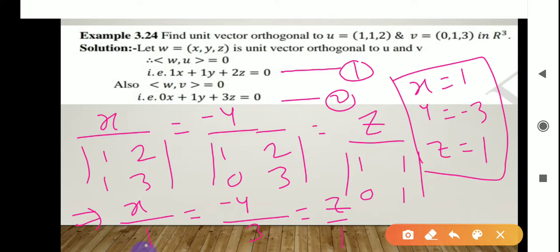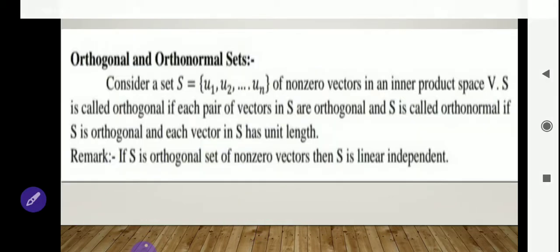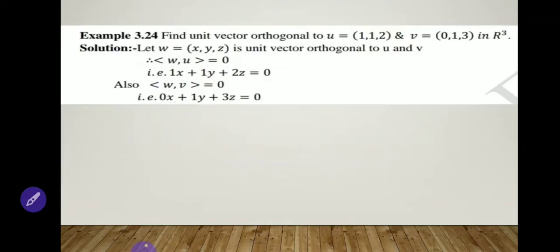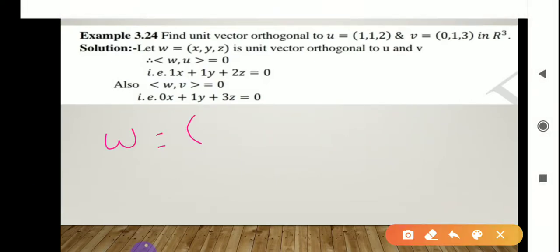Our question is to find a unit vector orthogonal to u and v, and the vector we assumed was w equal to (x, y, z). Therefore the value of x is 1, y is minus 3, z is 1. So w is equal to (1, -3, 1), the vector orthogonal to the given two vectors.